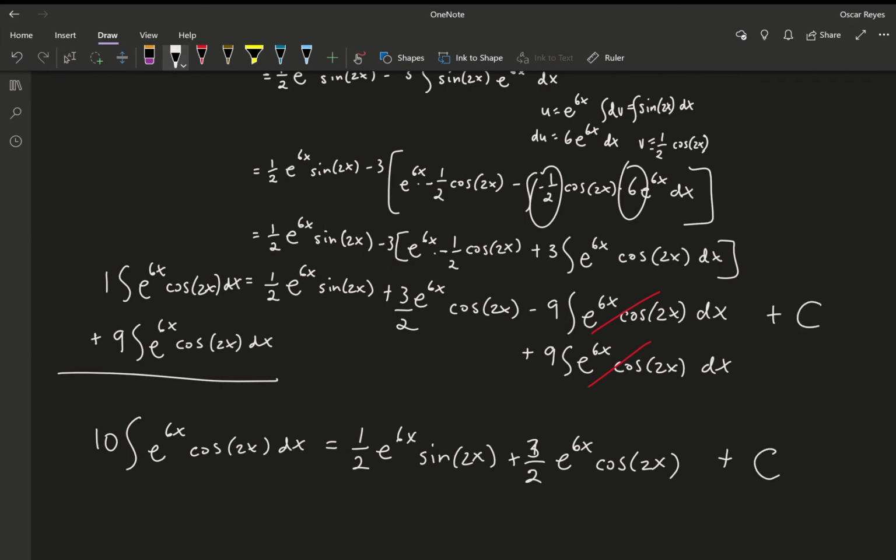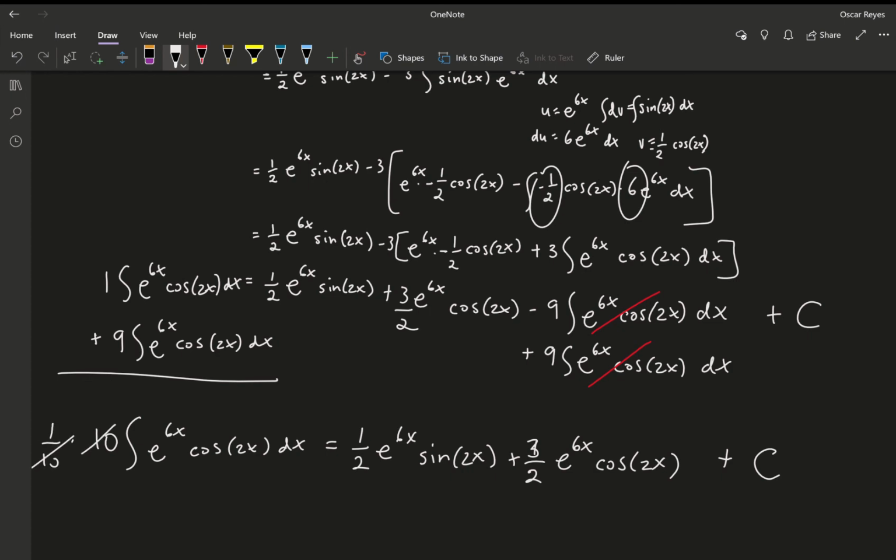You're always going to have some type of constant floating around there. So what we're going to end up doing is multiplying this whole thing by, or dividing, but I'm just going to multiply it by 1/10.